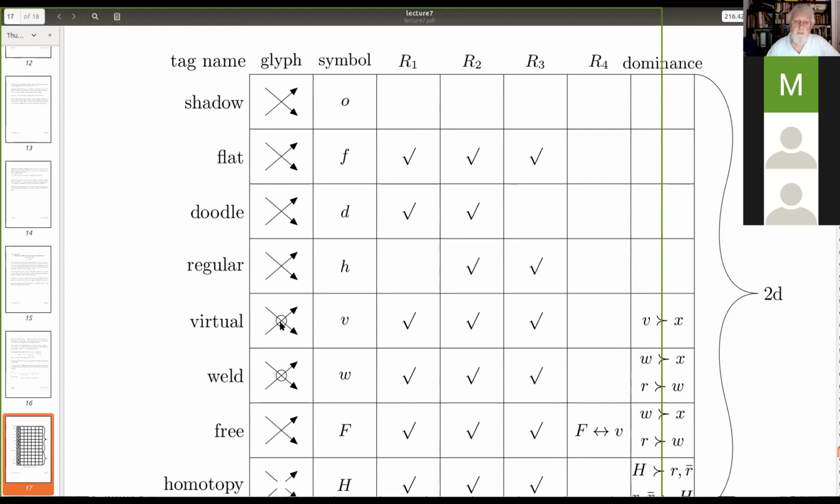I'll say why we introduced this in a minute. There's also something called a doodle, which satisfies R1 and R2, but not R3. So this table really is like a list of rules in a dodgy bed and breakfast where everything is forbidden unless it's expressly allowed. So R3 is blank here, so you can't do R3 with a doodle.